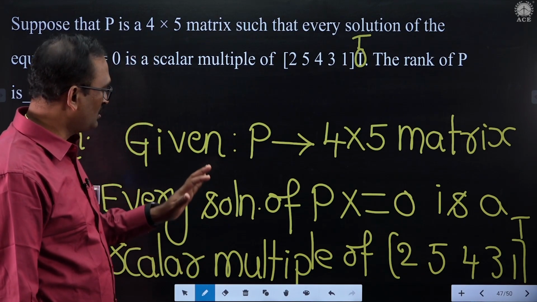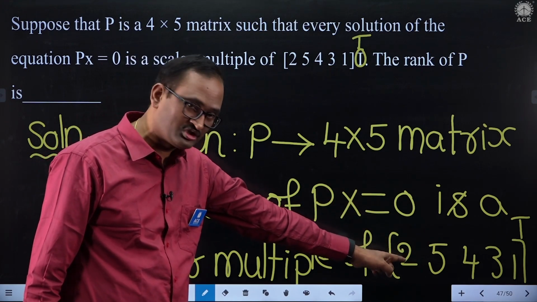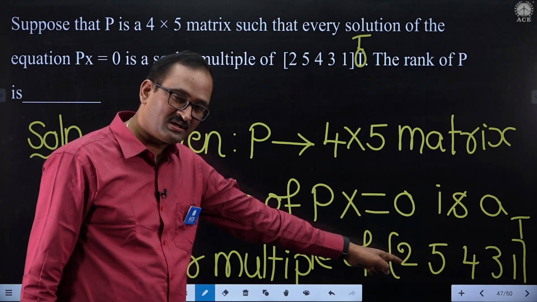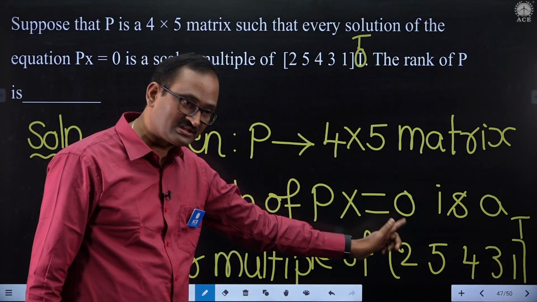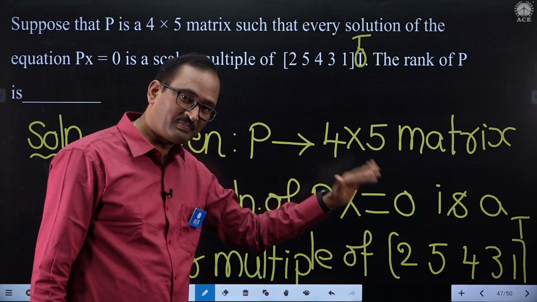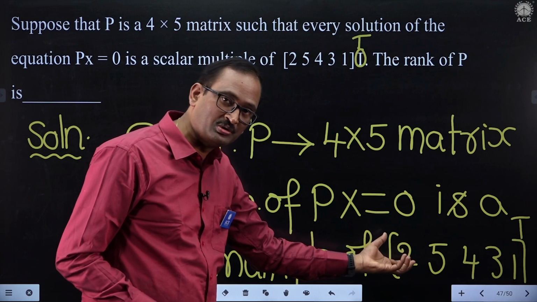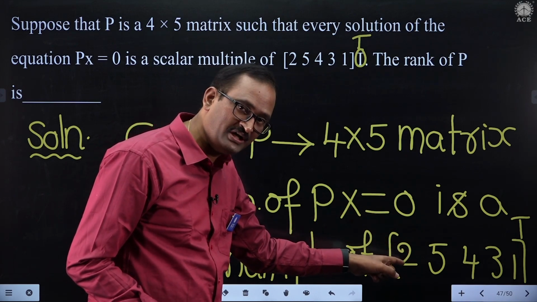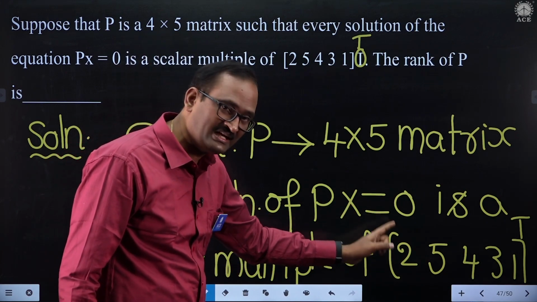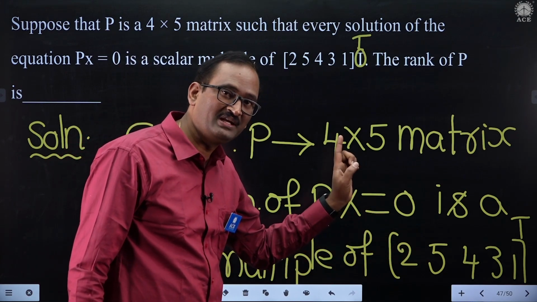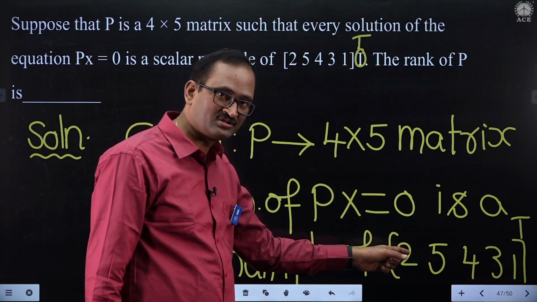Remember, every solution of this homogeneous system of equations must be a multiple of this solution. That means all other possible solutions must be expressed as some constant multiple of this solution. All other solutions are dependent upon this solution, whereas this solution is independent of all those solutions. Therefore, this is the only linearly independent solution.